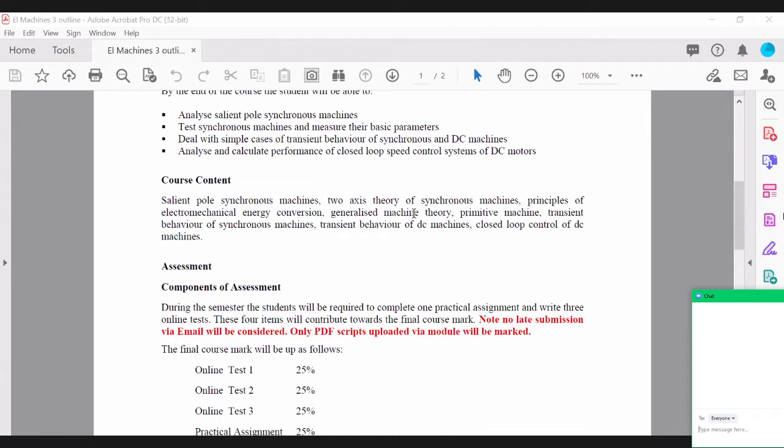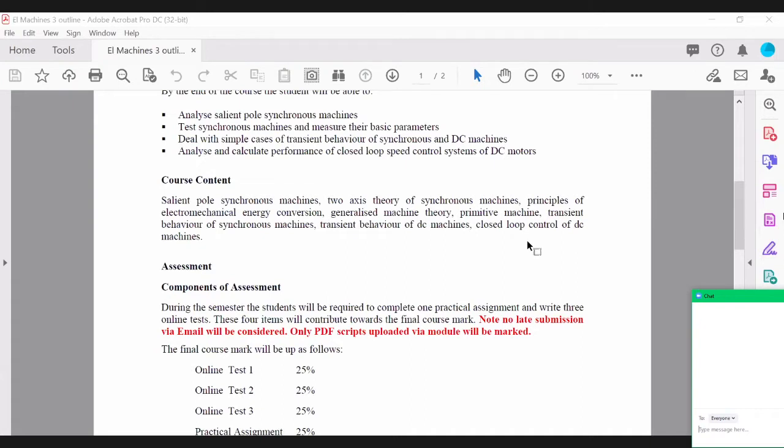We can basically use them to demonstrate how these machines can be represented mathematically. And then we will also analyze some of those machines during the tutorial.